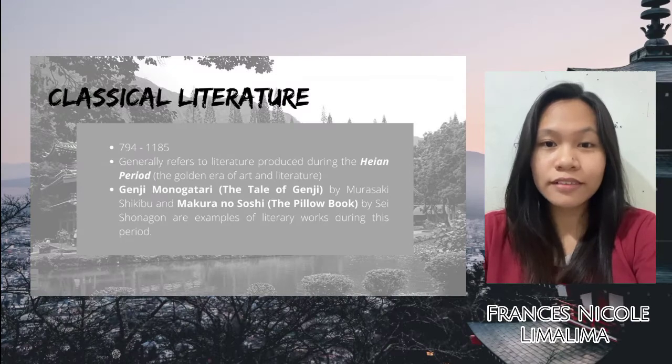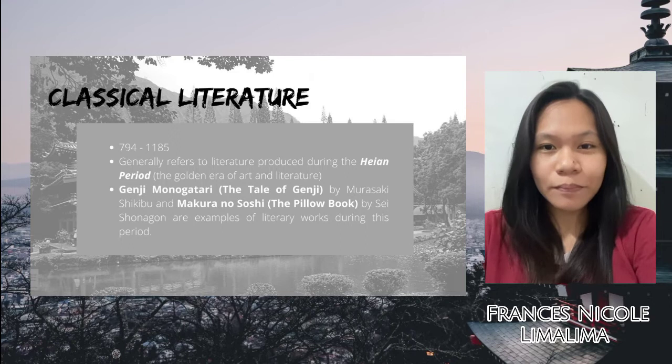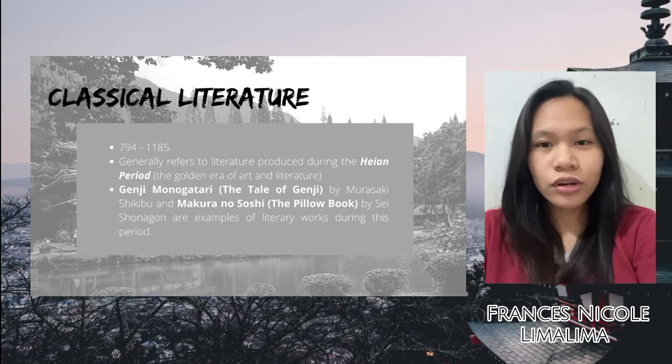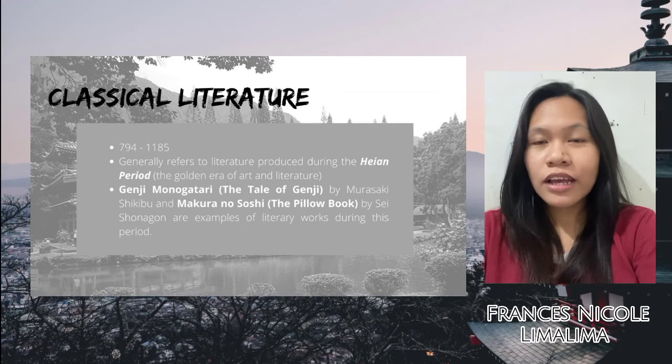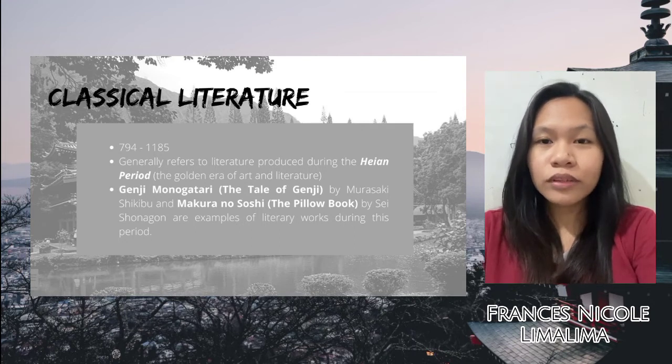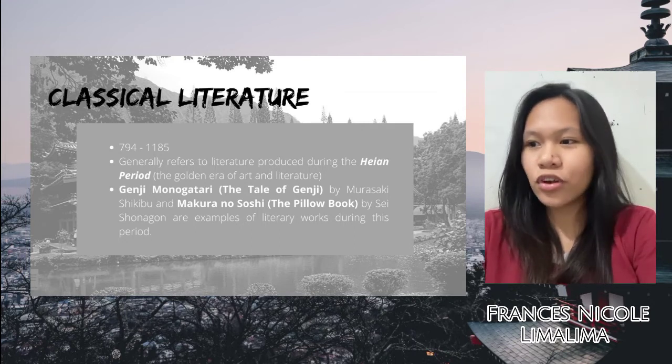Classical Japanese literature. When we say classical Japanese literature, this usually refers to the literature produced during the Heian period. Some people consider this time a golden era of art and literature.